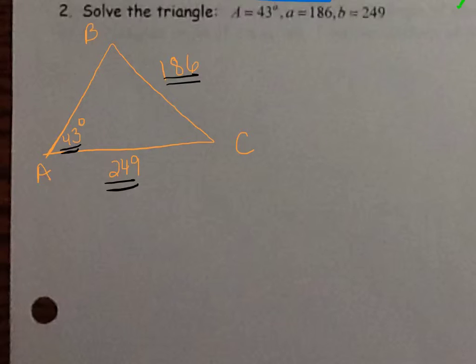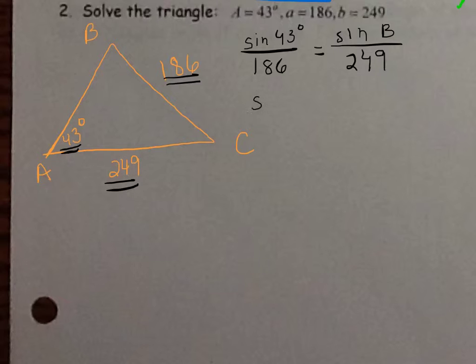Okay, so if I try to start solving, I would start solving for angle B. So I'd say sine of angle A over side A equals sine of angle B over side B. Okay. Now, same approach. What I'll enter in my calculator is this.